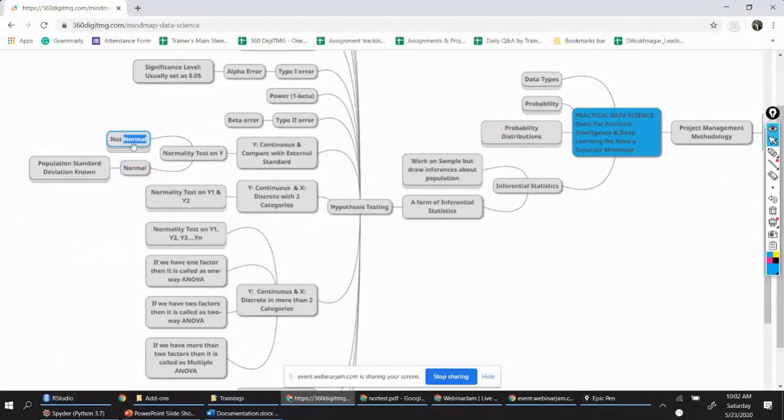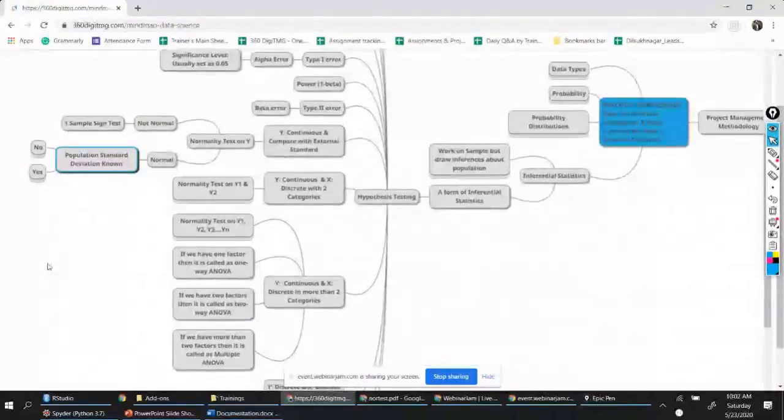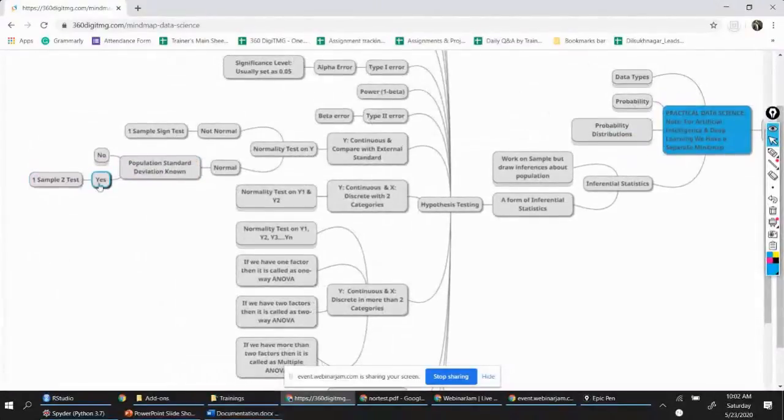If the data is not normal, we first try to make it normal. If it is not becoming normal, then we go with non-parametric, non-normal test cases. And if I know sigma, then to estimate the population parameter I would use the z-test. But if I don't know sigma, then I would go with the t-test.